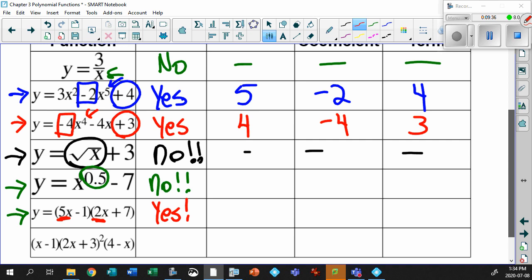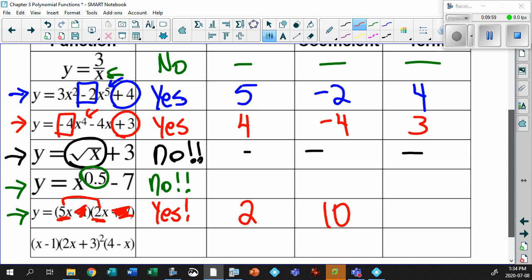Just forget about these numbers here. The degree is determined by multiplying all of the x's together. So the first term works out to be 10x squared. So the degree of this guy is in fact 2, and its leading coefficient happens to be 10.